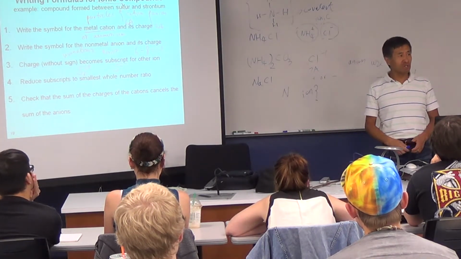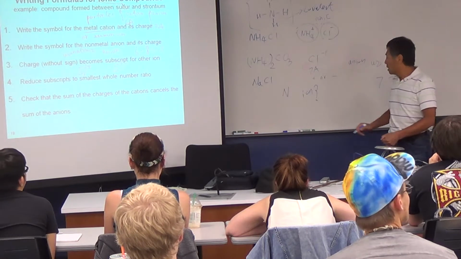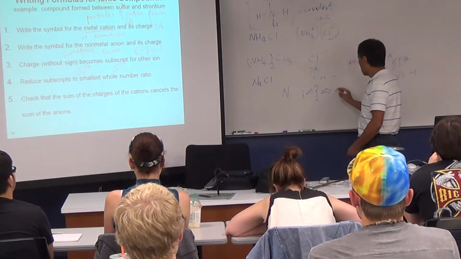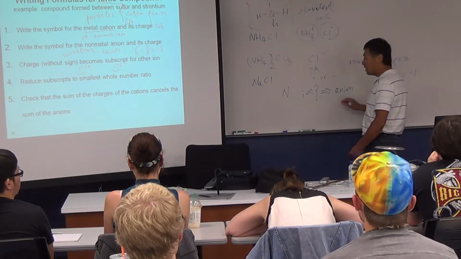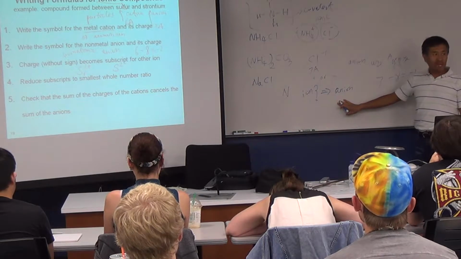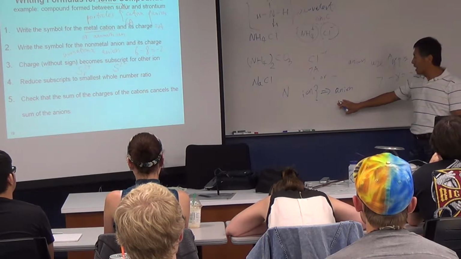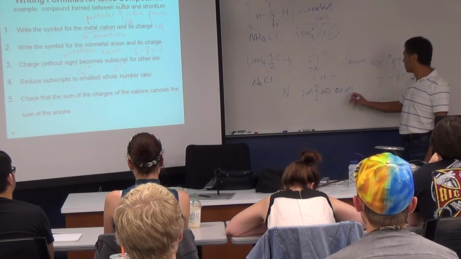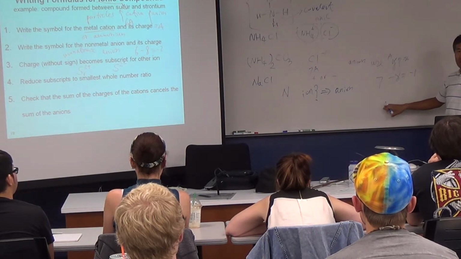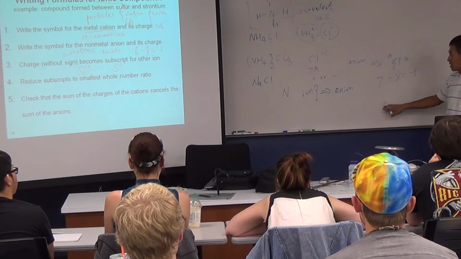Negative ion, anion, because this is non-metal, right? All right, so we know it will be the anion. Then you are predicting negative what? Anion, do you use group number or group number minus 8? Group number minus 8. Okay?